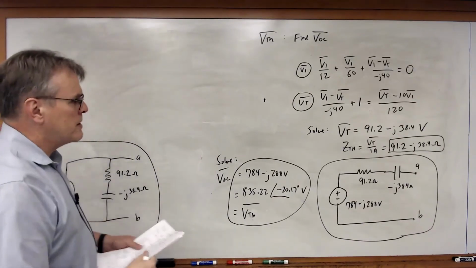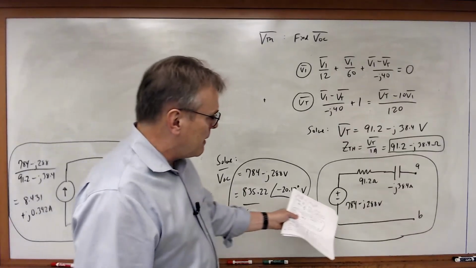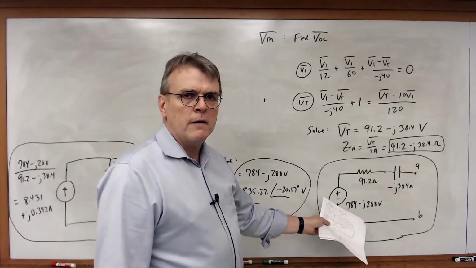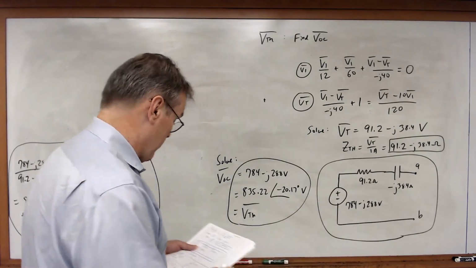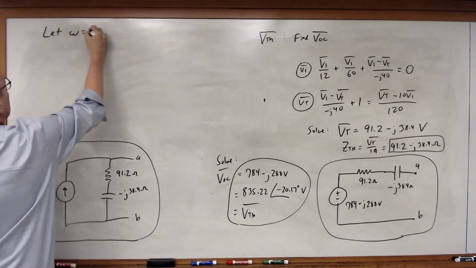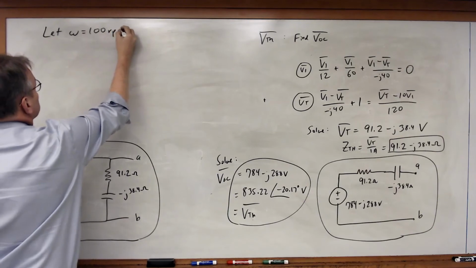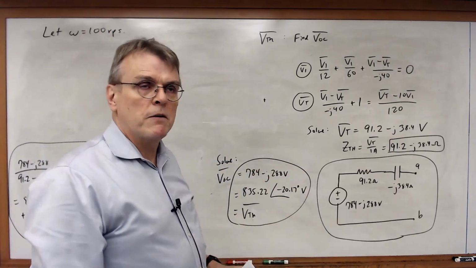All right, so in order to go to the time domain, you have to know what the omega is for the circuit. So you have to be given a value of omega. So let's say we're told that omega is 100 radians per second.